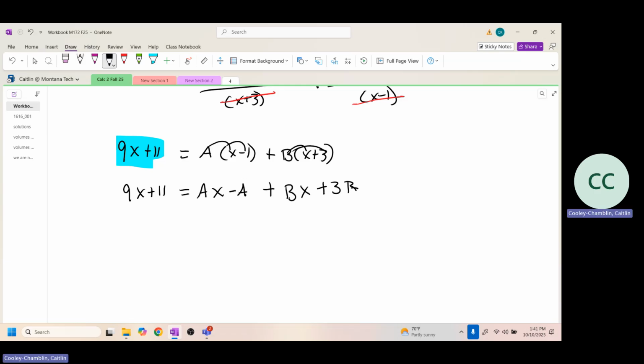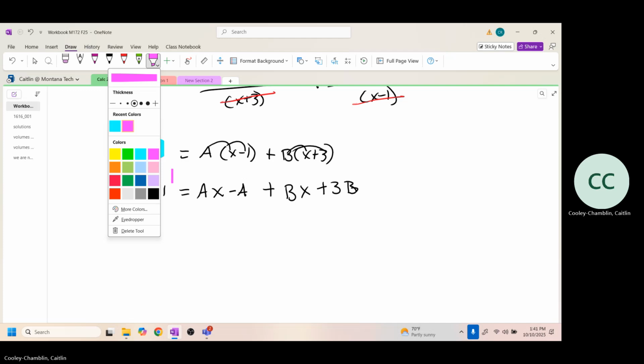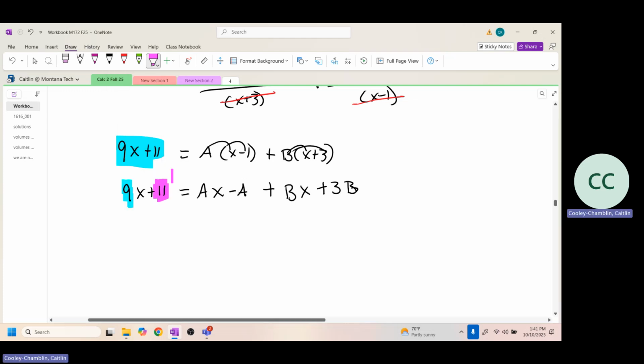That is a B, not an R. Okay, again, I want a number in front of my x plus a non-x. So I'm going to rearrange this right-hand side. 9x plus 11 equals everything with an x in it.